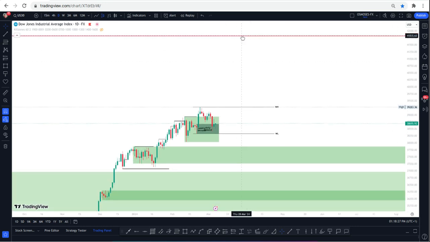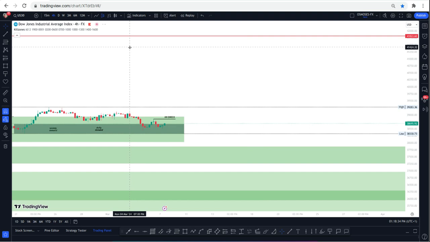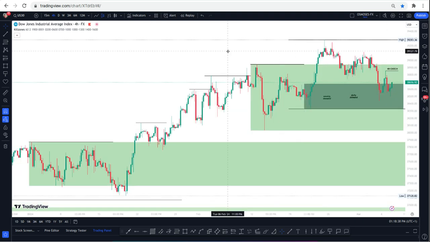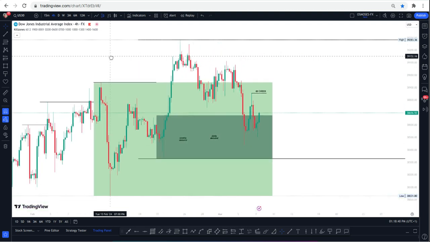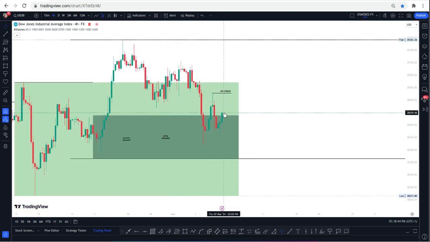We'll target this high here, which is on the daily. So wait for this to happen, and we get a retracement back.